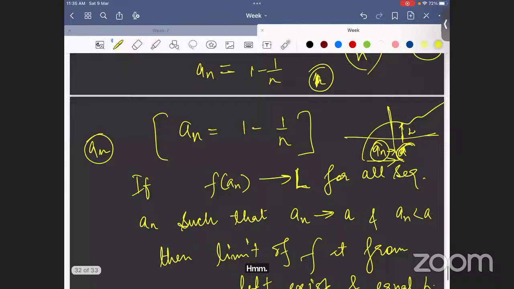So for this sequence, an will always be less than a, but it is converging toward a.